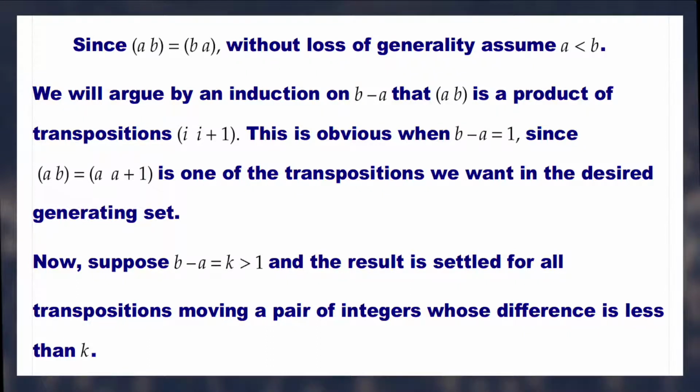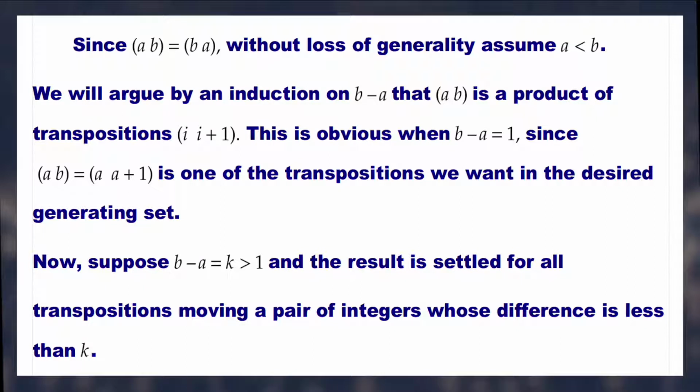We will argue by induction on b minus a that (a b) is a product of transpositions (i i+1). This is obvious when b minus a is equal to 1, since (a b) is equal to (a a+1), which is one of the transpositions we want in the desired generating set.